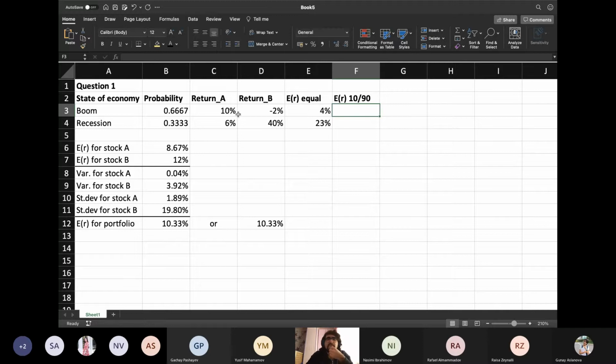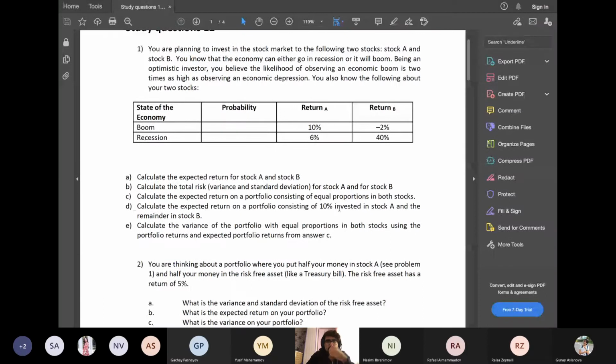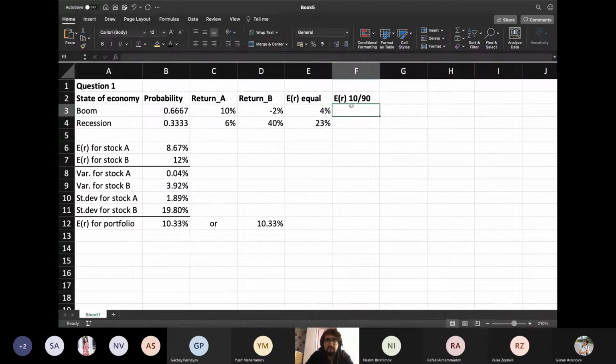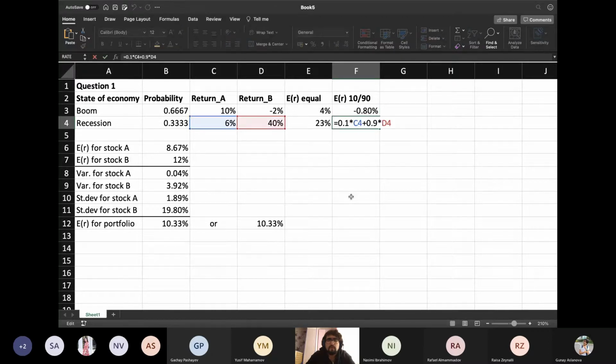So 10 in return A and 90 in return B, because 10% is invested in stock A. So 0.1 multiplied by return A plus 0.9 multiplied by return B. Return A, return B. Okay.